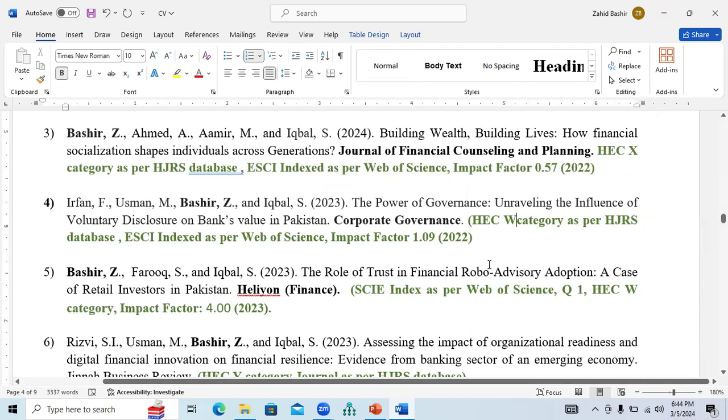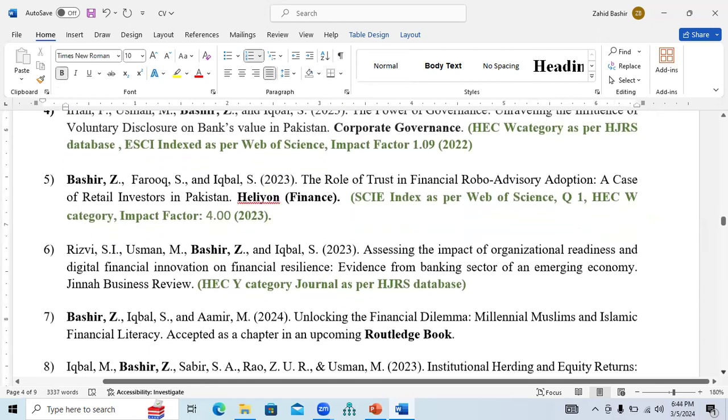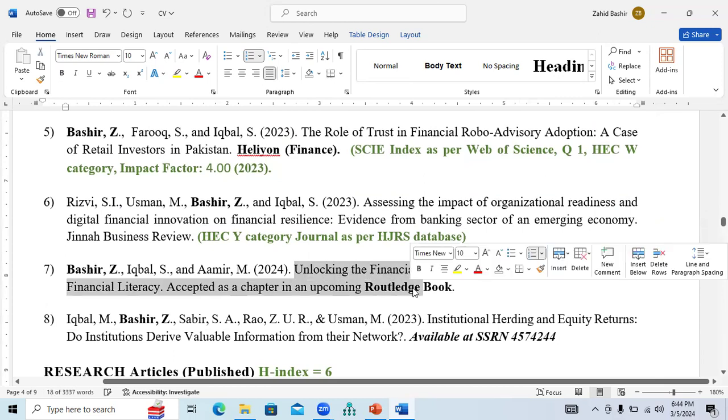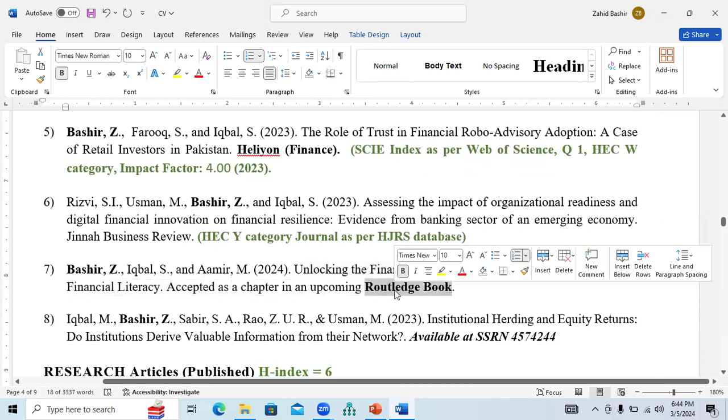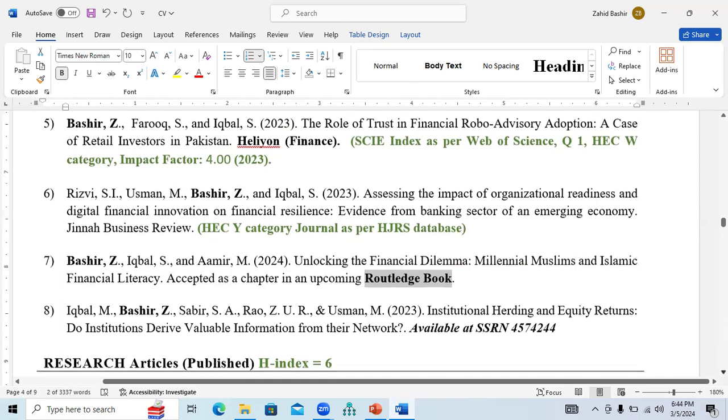These are being considered by different journals. 3 of the articles are in W category, 1 in X category, and the remaining are in Y category. One of my articles has been accepted as a chapter in a Routledge book, which is also part of Taylor and Francis, and one is under review in a journal.